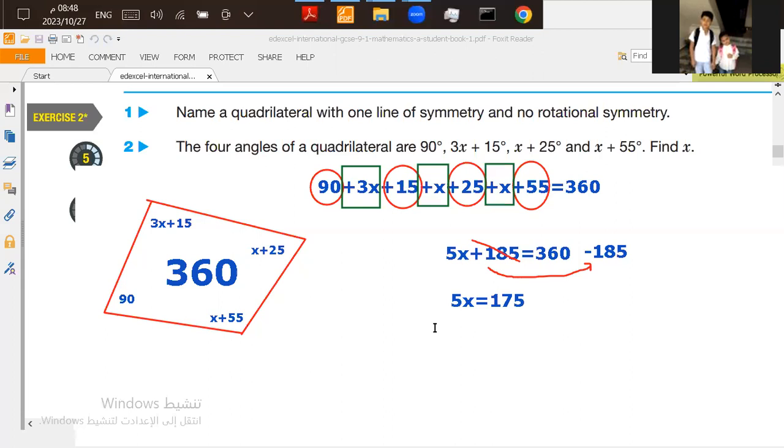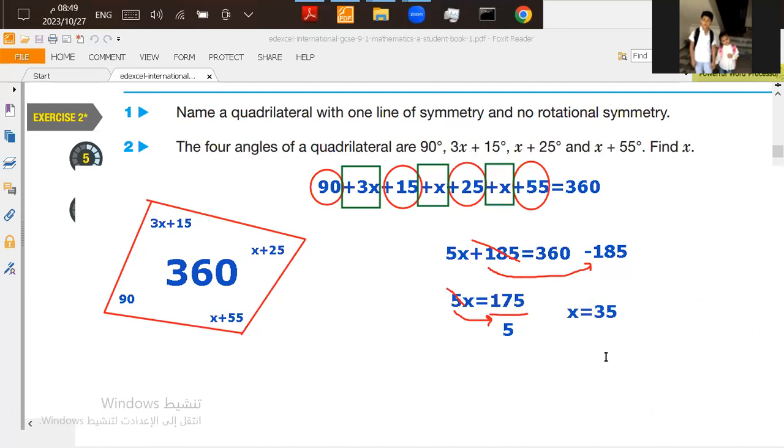Now 5 is multiplied by x, so I'm going to take it to the other side by dividing. Because it's multiplied, I take it over by dividing. So I divide by 5. So x equals 175 divided by 5, and the answer is 35.